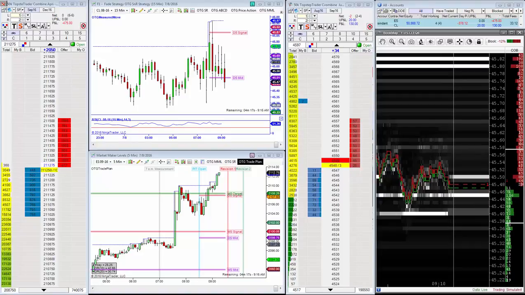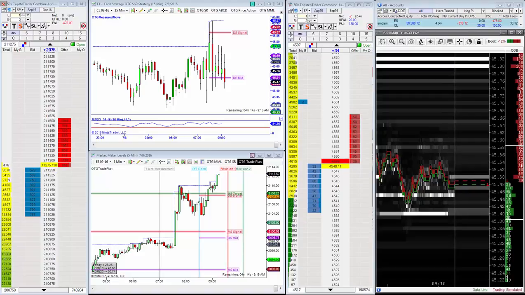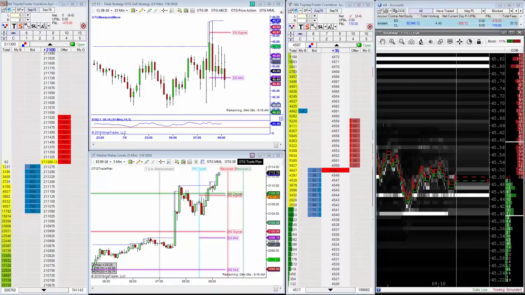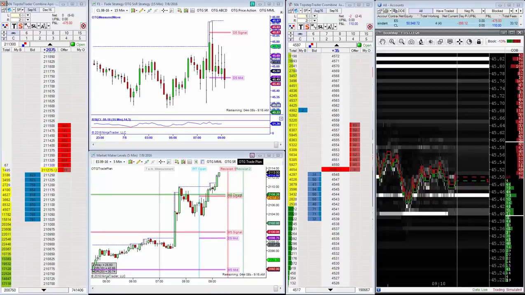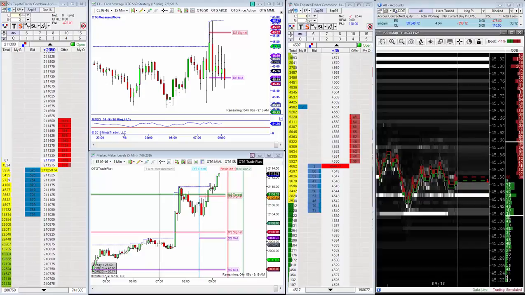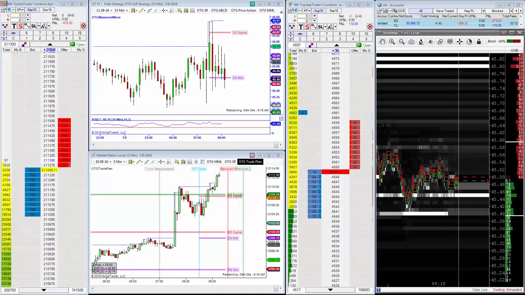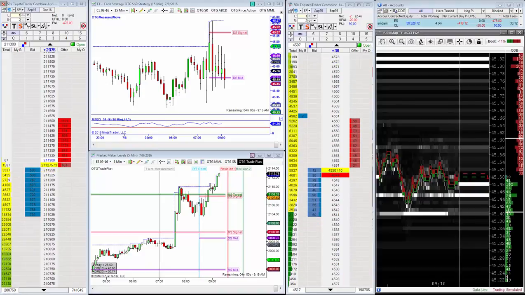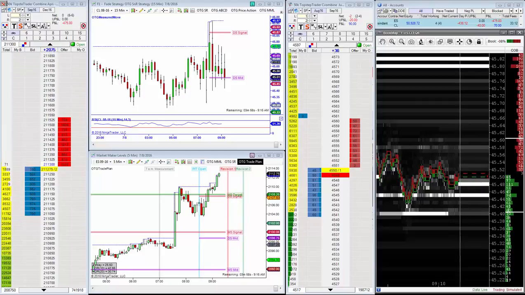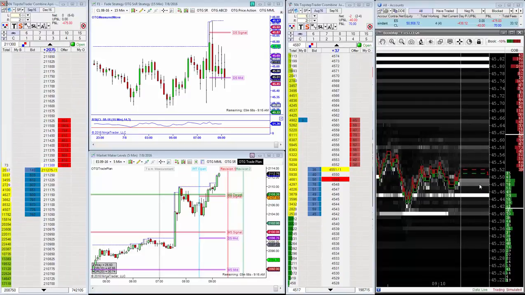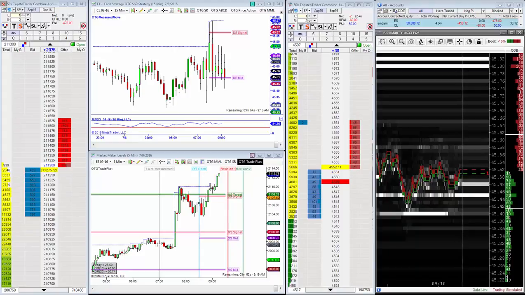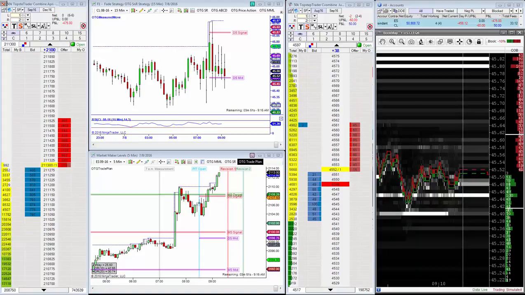You need a move and a break underneath that. Volume at 49 and 48 down here, trying to follow it up. So you need a break underneath it.